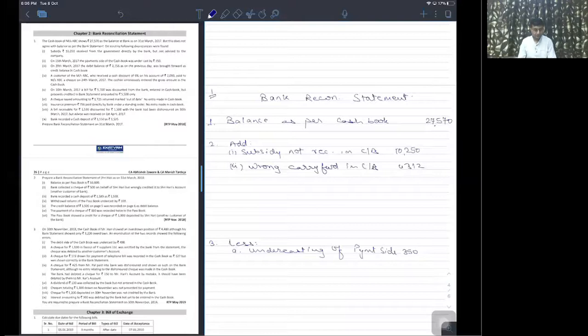Fourth one, पूरे के पूरे 2000 उसने बैंक कॉलम में लिख दिए. अब 2000 के 2000 अगर उसने बैंक कॉलम में लिख दिए, मतलब 100 रुपए से तुमने बैंक का बैलेंस बढ़ा दिया है नहीं in your cash book.